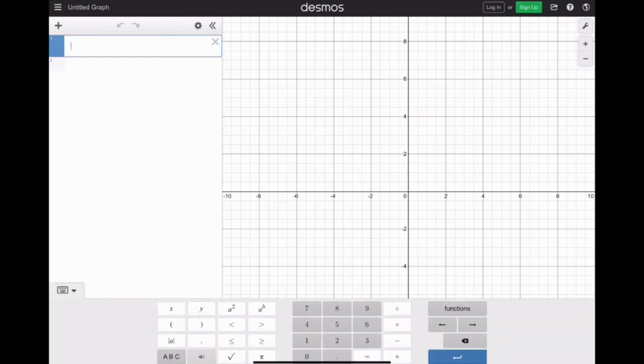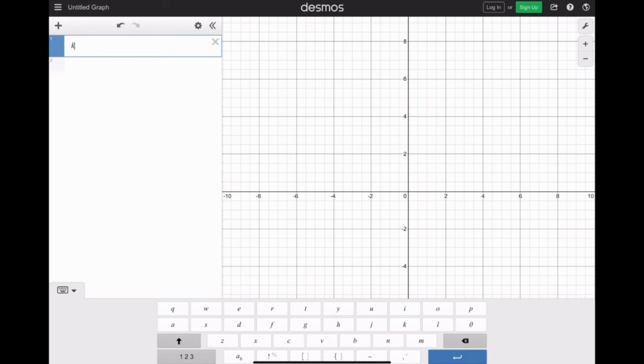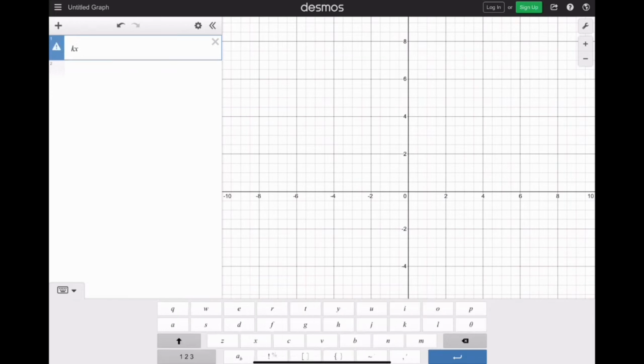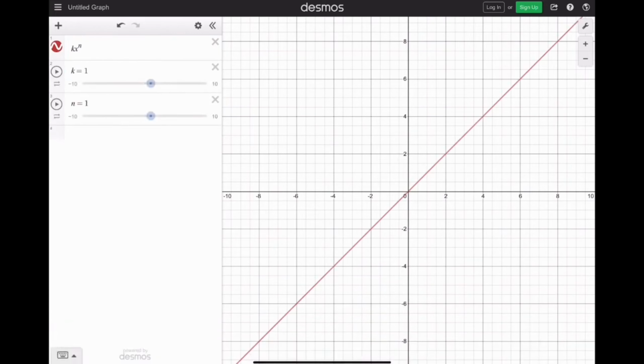So I'm going to type in exactly what we've had on the slide, which is kx to the power n. And what the software does immediately is offer me to add sliders. Sliders for everything that's not x, so for everything that is not a variable. So I clicked all, and there we go.